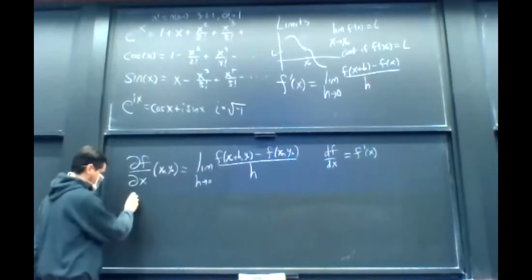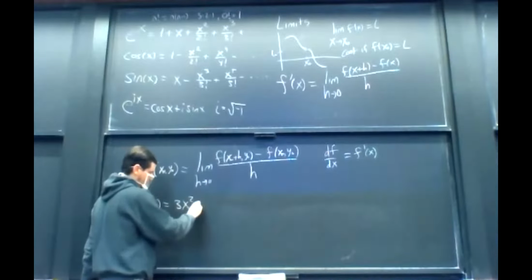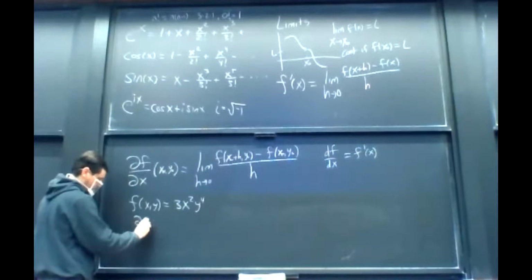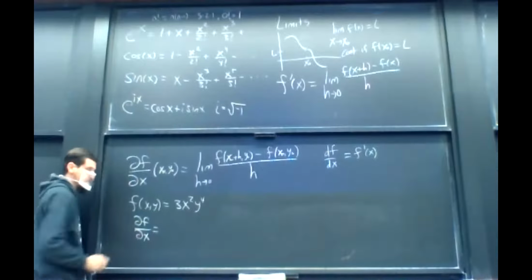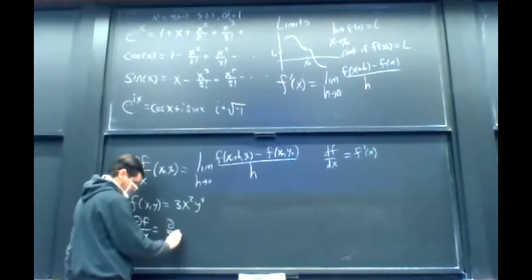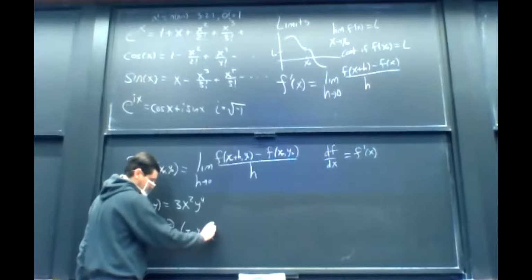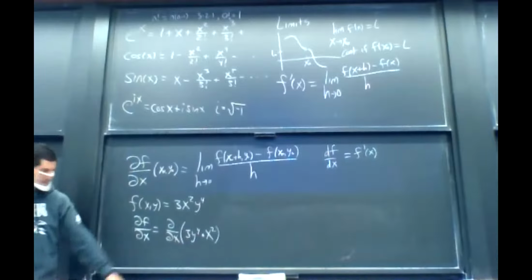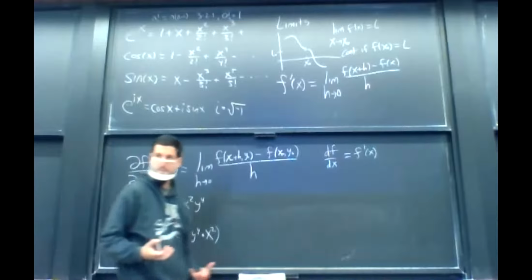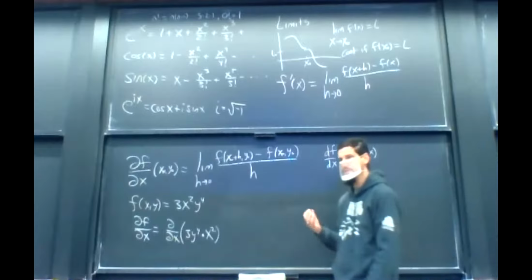So if I give you f of x, y equals 3x squared y to the 4th, and I want to calculate the partial derivative with respect to x, I should take the derivative with respect to x of 3y to the 4th times x squared. And I'm writing this over here because this whole thing is a constant. I'm fixing y. If you want to imagine y equals pi or e or one of your favorite numbers.